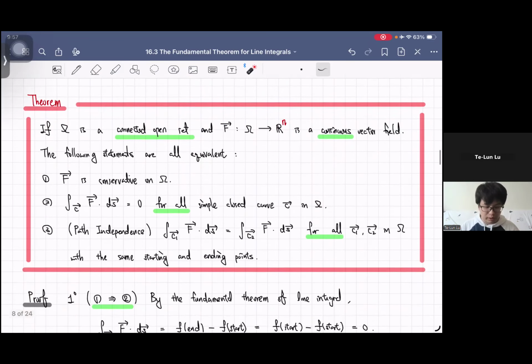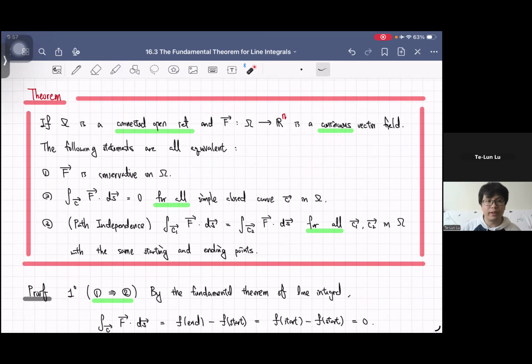Right. So it boils down to our first big theorem today, which is what I just mentioned before. We already showed that the fundamental theorem of line integration entails the path independence of a gradient vector field, or conservative vector field. In this case, we will show that it is equivalent, meaning that any path independent vector field is actually conservative.